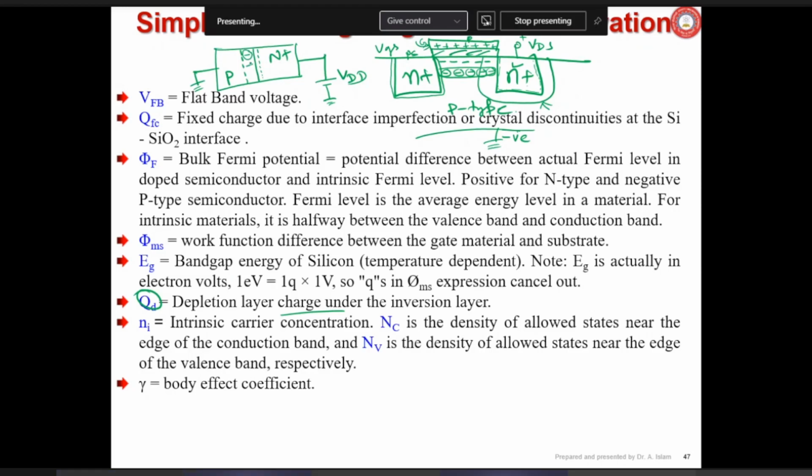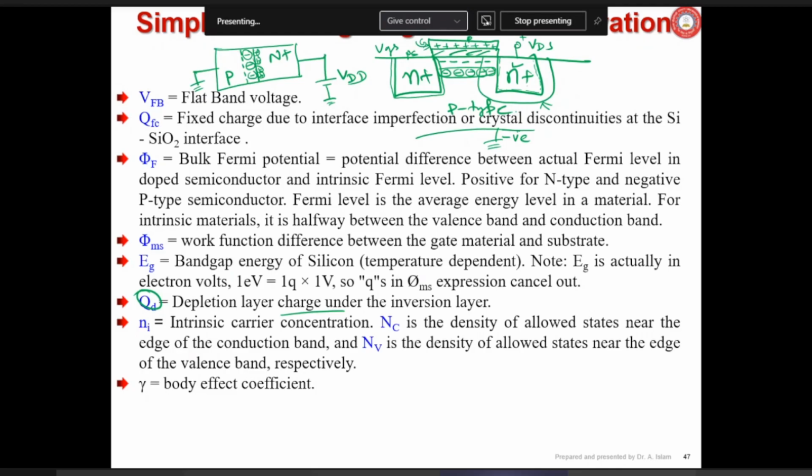Sure. Everybody agree? And the right side is positive ion. Yes. Everybody agreeing? You have studied this thing in ED, electronic devices, and it has been taught.